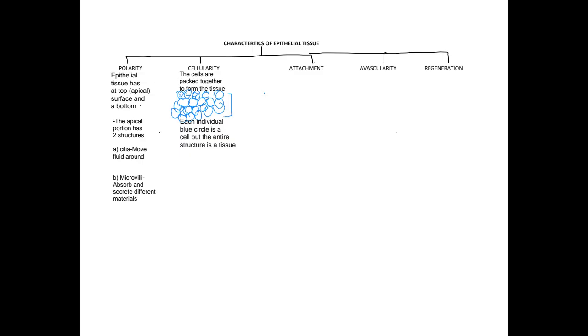And then these individual cells are connected using structures we call junctions, cell junctions. We have 3 types of cell junctions, so I'll go over these.